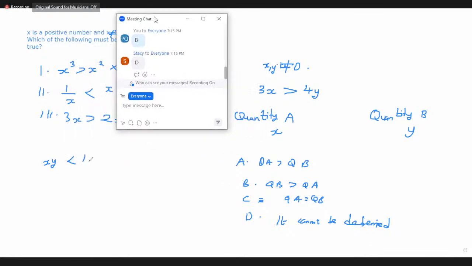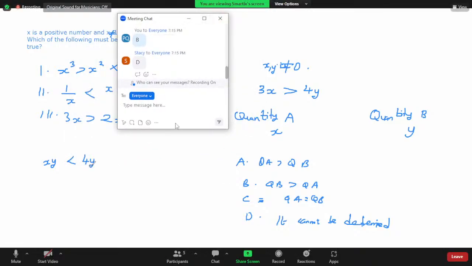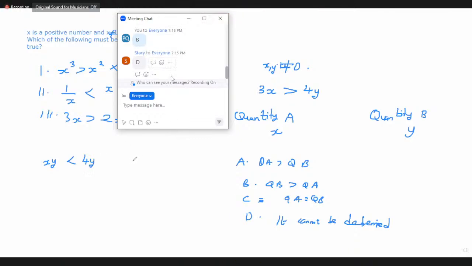Then 3/, sorry, I made x and y equal 1/9 rather. Then 3/9 is 0.33, and 4/9 is 0.44. So quantity B is greater than quantity A. Then I tried it with 1/2 too. 3/2 is 1.5, then 4/2 is 2. So y is greater.